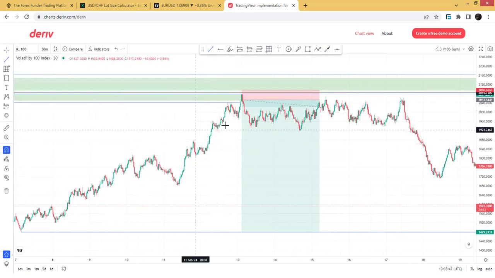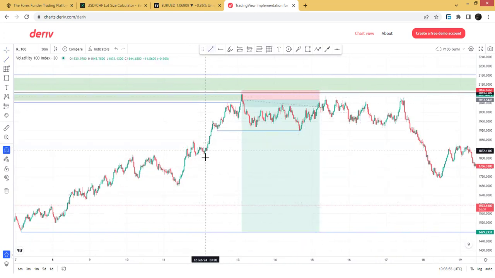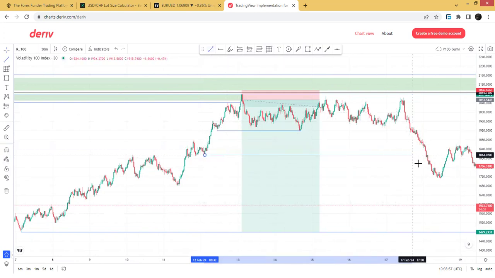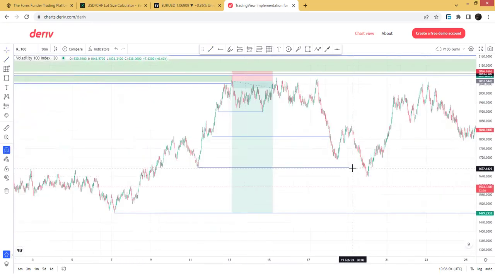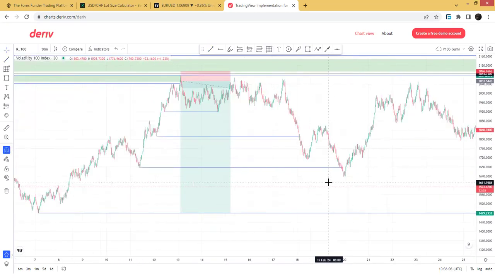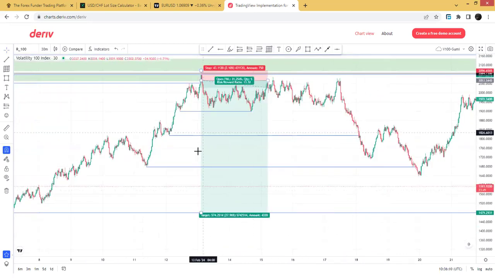Price came to TP1 and then reversed. That's my first take profit point. TP2, TP3. You can see again what happened here. Price took TP3 and then reversed. So these are points where you'd have been taking partials.